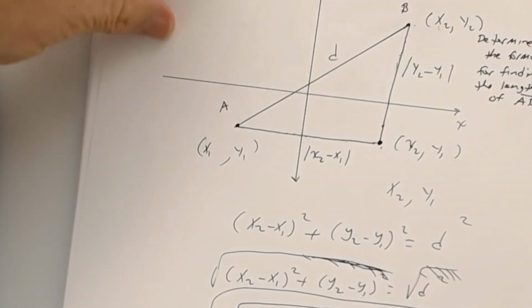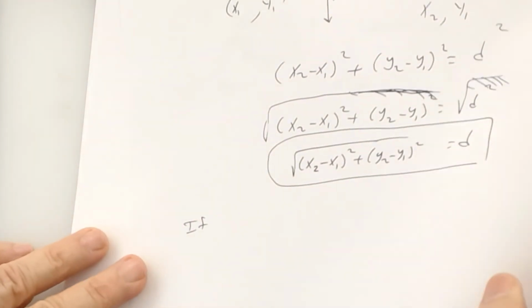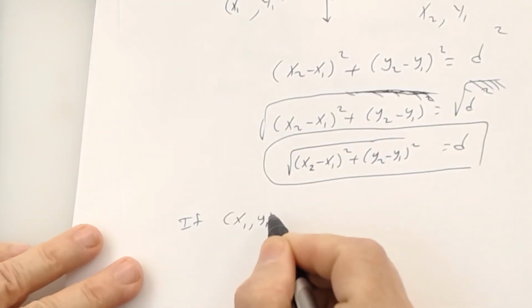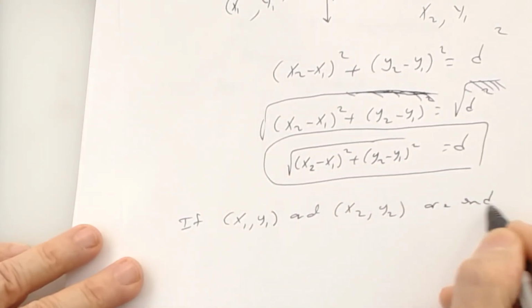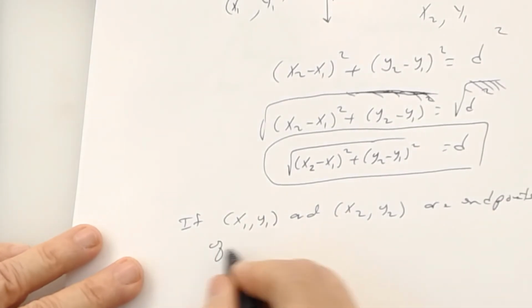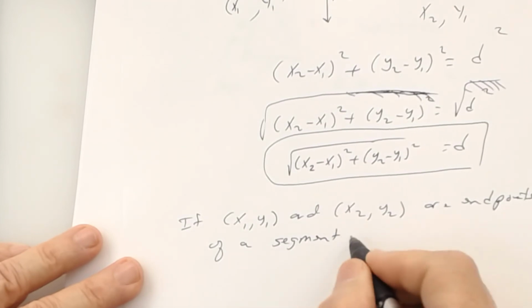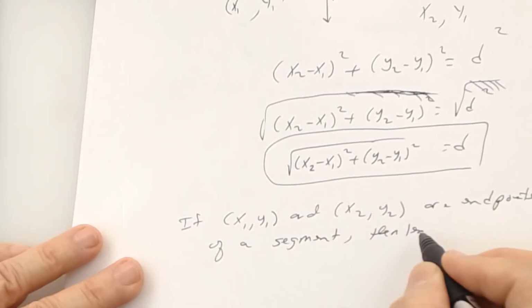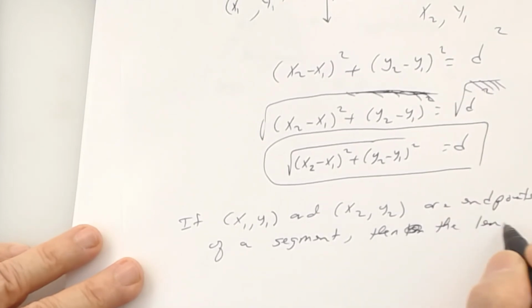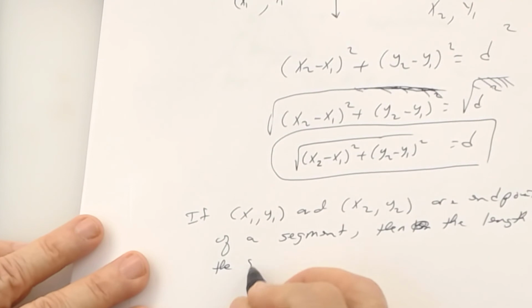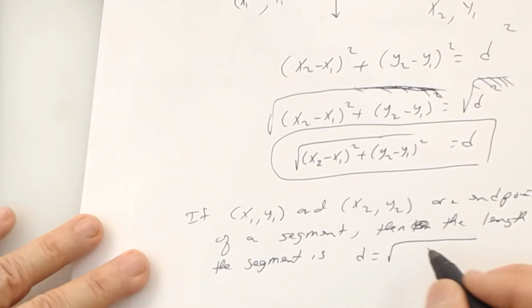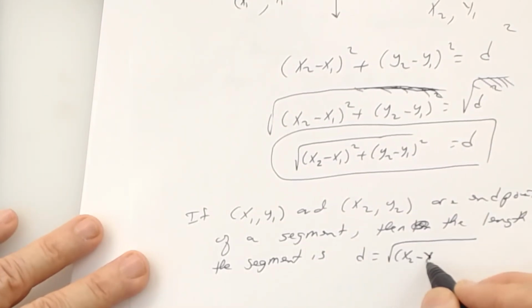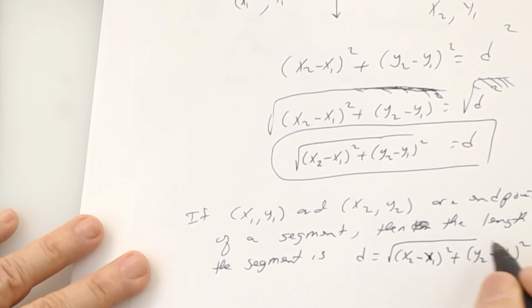All right? So if x1, y1, and x2, y2 are endpoints of a segment, then the length of the segment is given by this: the square root of x2 minus x1 squared, plus y2 minus y1 squared.